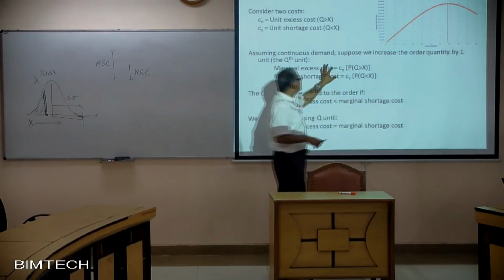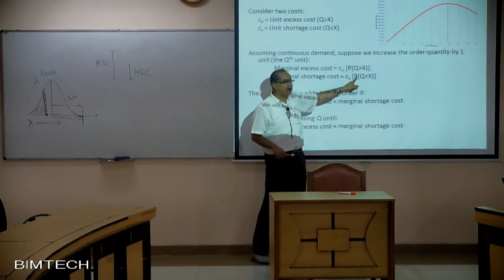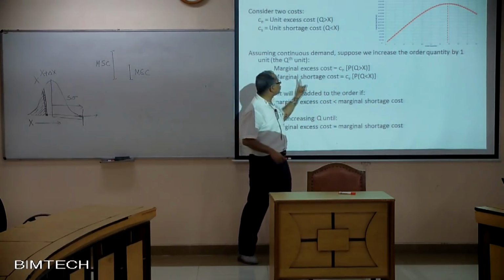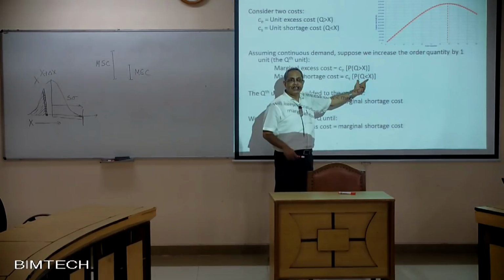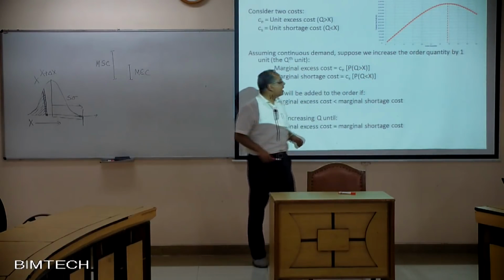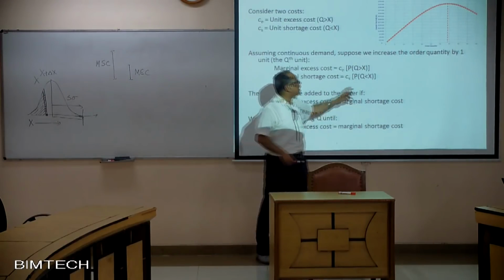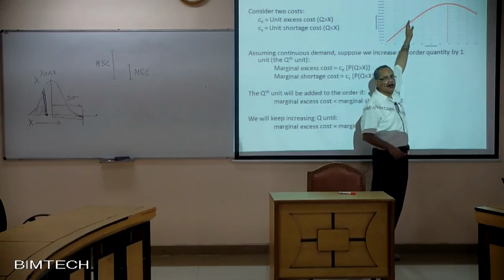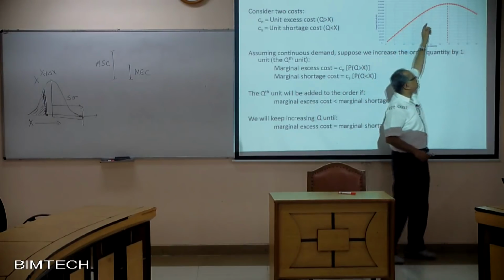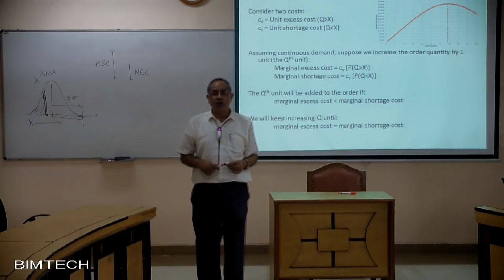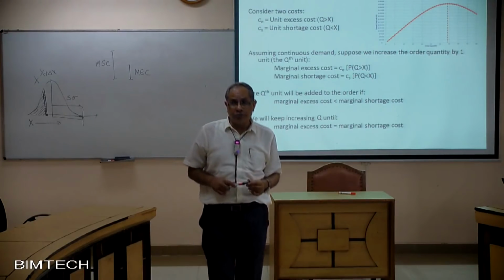And remember, these are the probabilities we are talking about. So therefore our shortage cost probability is much higher than our excess cost probability, and therefore marginal excess cost is less than marginal shortage cost, and therefore we will keep on adding one unit until the two marginal costs become equal.